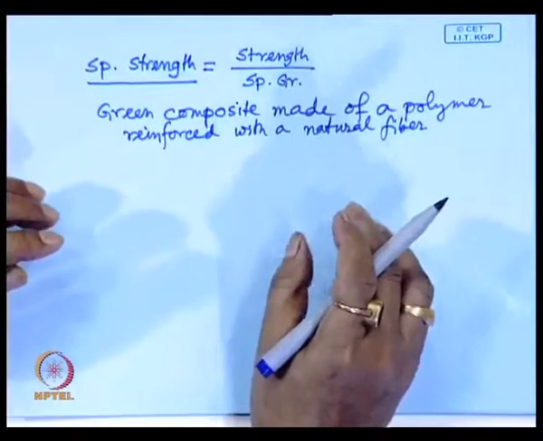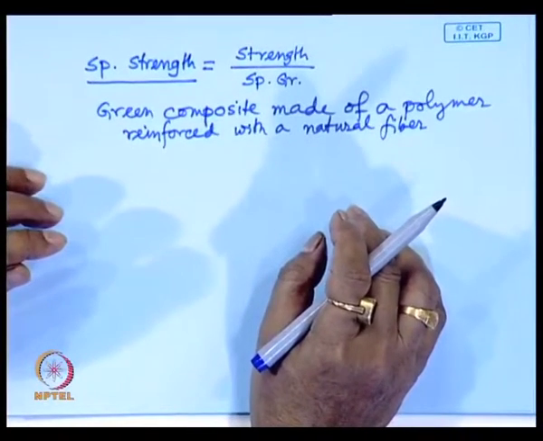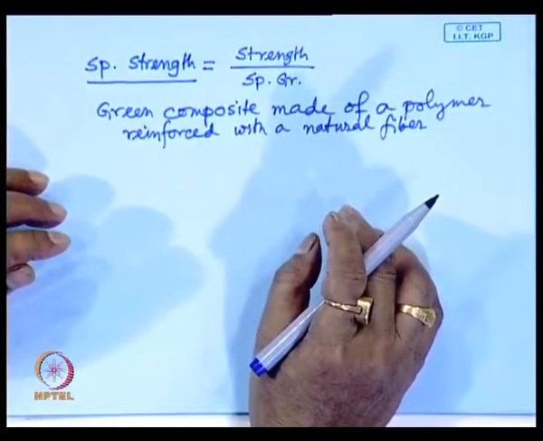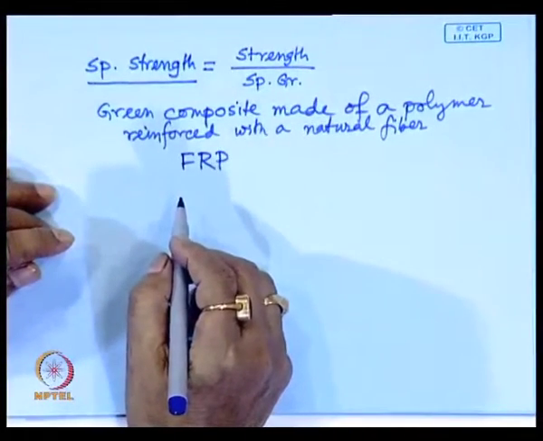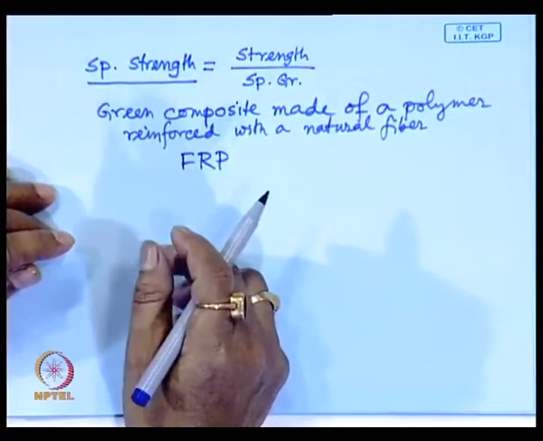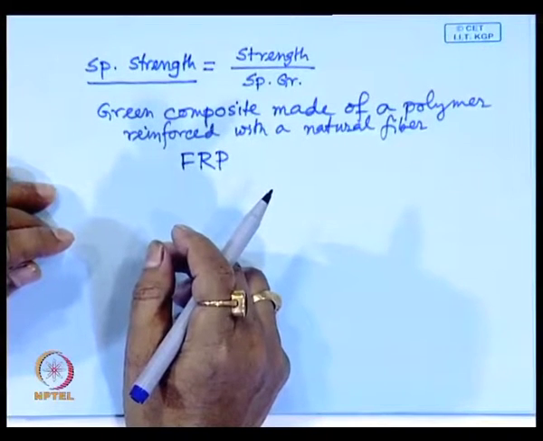So, it may be natural fiber, it may be synthetic fiber. If that fiber is used as a reinforcement, dispersed in a matrix, polymer matrix known as polymer resin, we will get a product known as FRP, fiber reinforced plastic. This is light as well as strong with high impact strength.